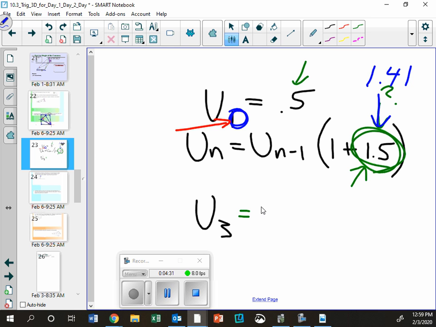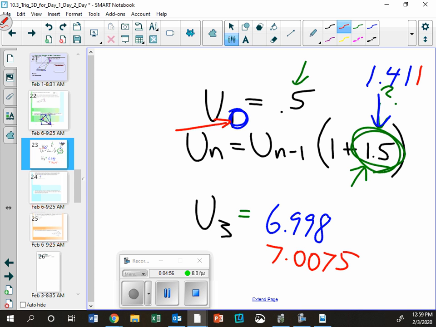That is closer. 8 something. And I'm guessing you probably even tried something a little different, couldn't get as close as you were before. What did you get? I got 1.411. Oh, cheater. And you, what'd you get? 7.0075. Now, which one's closer?